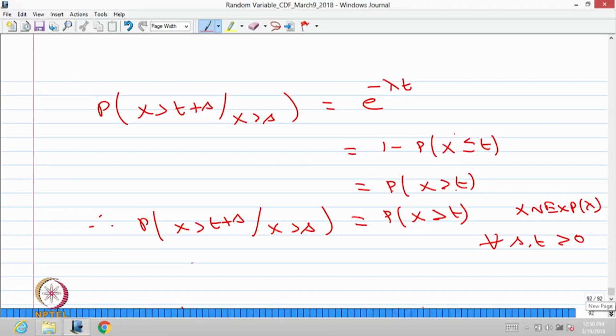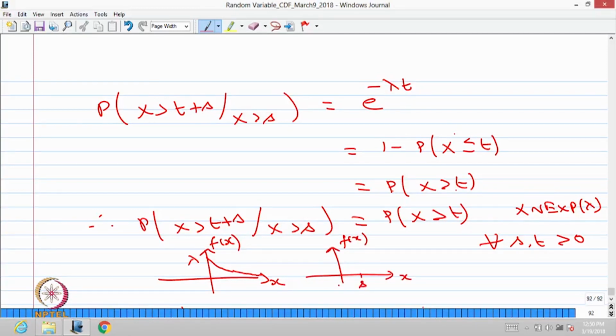The probability density function of the random variable x starts from lambda and goes to 0 at infinity. If x does not take a value till s, it is going to take a value more than s, and the conditional probability is again the probability of x greater than t.